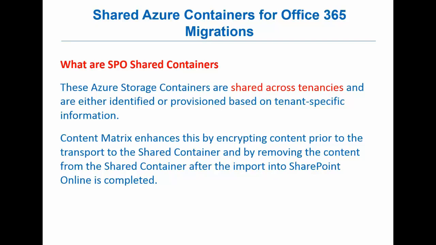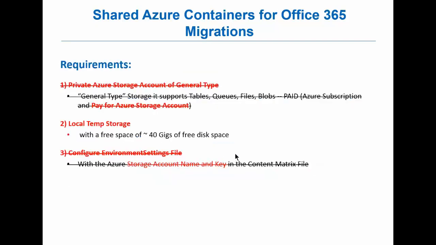What Content Matrix does is encrypt the data as we push it to shared containers, because obviously they're shared, and it's always good to encrypt the data when putting it out there on a shared container. So let's take a look at the requirements.